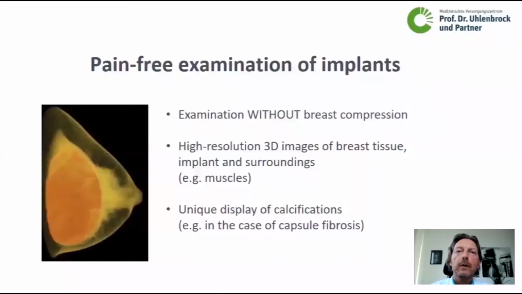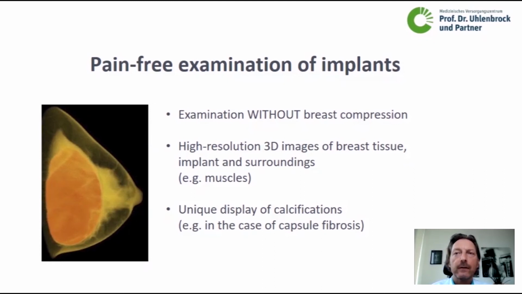The same is true for the pain-free examination of implants. Because you do the examinations without any compression of the breast, you can do it in high resolution and end up with a high resolution 3D imaging of the implant and all the surrounding.